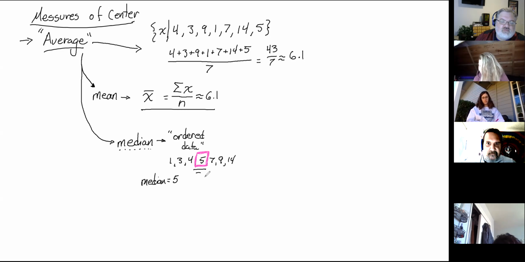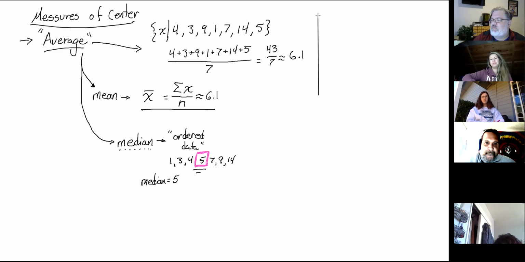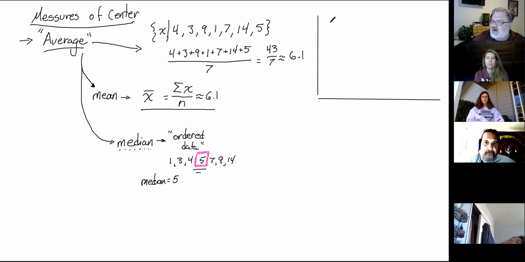What if there are two numbers in the middle for the median? That is an excellent question. So I did purposefully make this list length 7, so I had a middle point. But let's say I didn't. Let's say the world wasn't as kind and we had a data set.